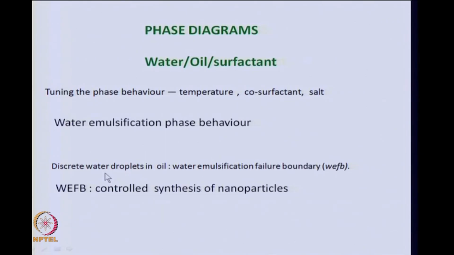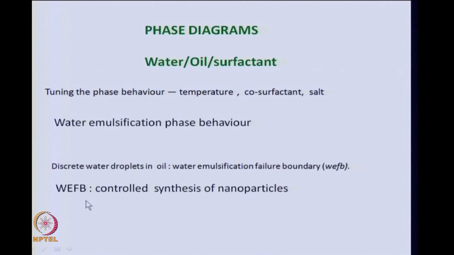So, you want to make discrete water droplets in oil, and there is one term which is called the water emulsification failure boundary. You can have these water droplets only when you are within the boundary, otherwise this will fail and you will get separate droplets of oil and water.